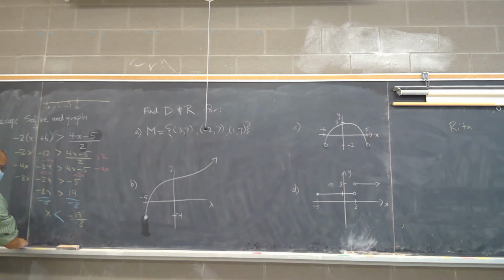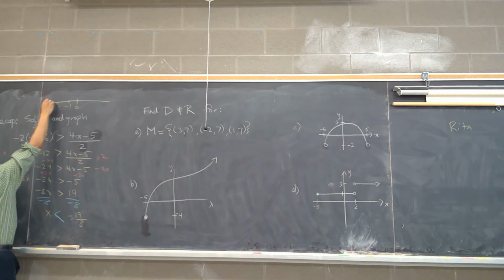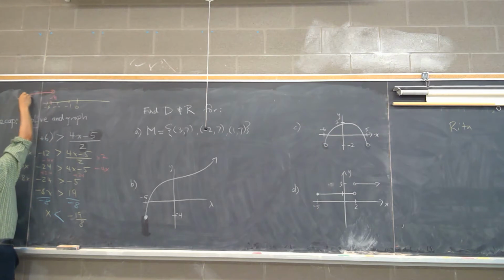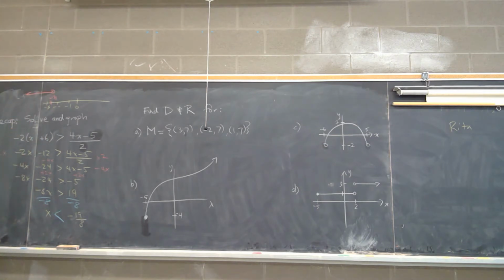So this negative 19/8 is probably here, right? And then what am I going to draw? I'm going to draw an open circle and go towards the left, because it's less than. Why open circle? Because it's not the same as equal.